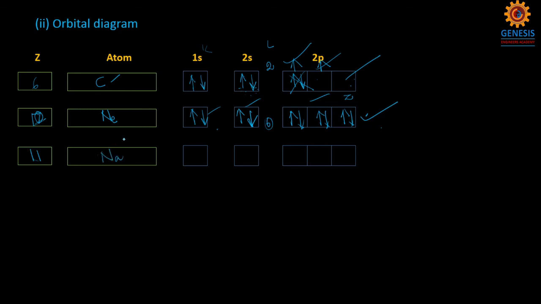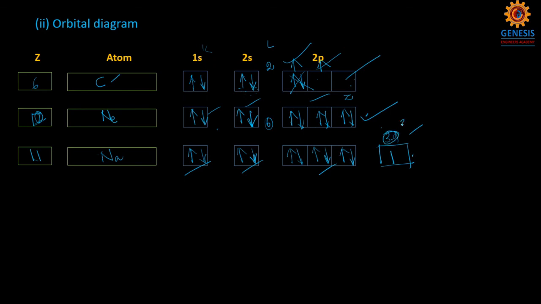So you have to go like this, 2p is over, then the next is 3s.